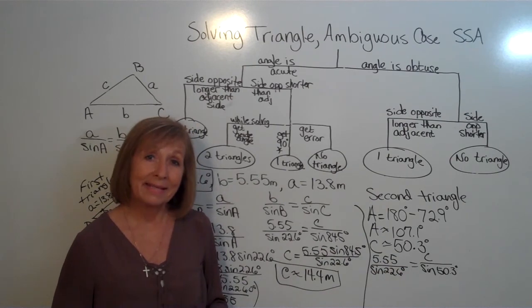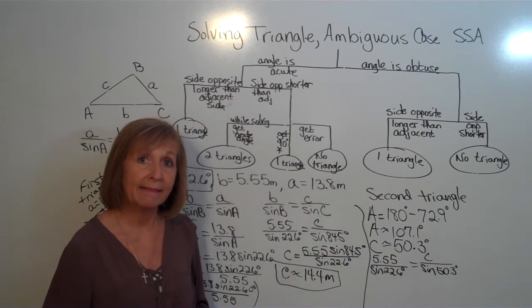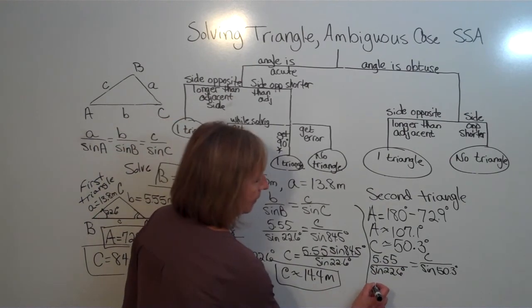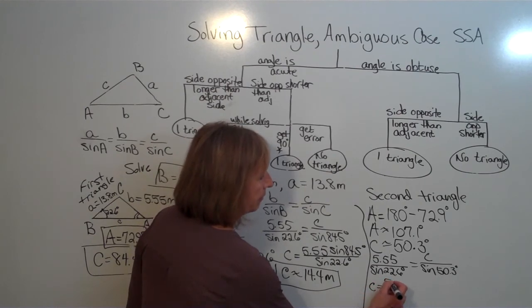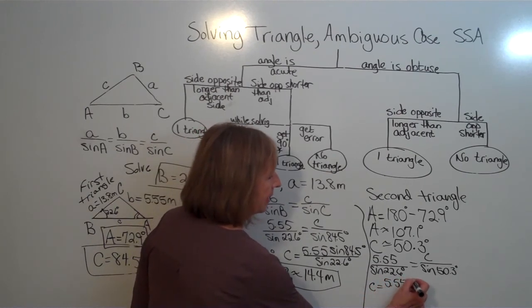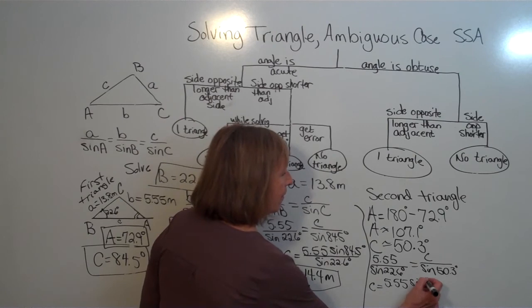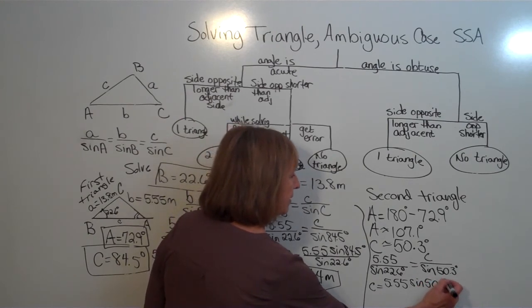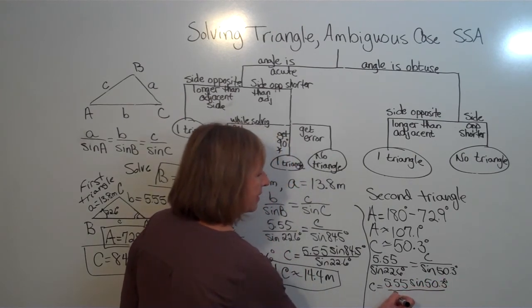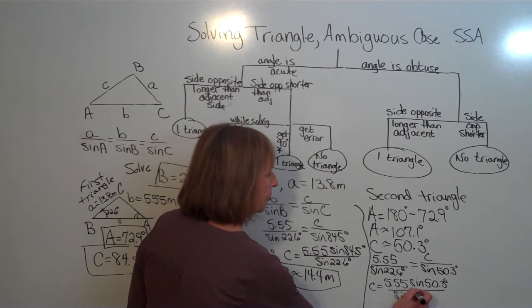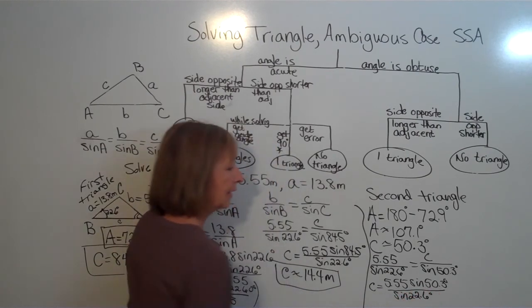Multiplying both sides by the sine of 50.3 degrees, we get that side c is equal to 5.55 times the sine of 50.3 degrees divided by the sine of 22.6 degrees.